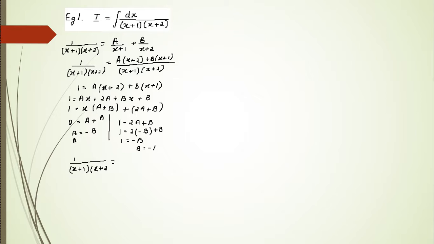Now a will be equal to minus b, that is 1, right? So I'll get a by x plus 1. Now a is equal to 1, so I'll get 1 by x plus 1 plus, now b is minus 1, so I'll get minus 1 by x plus 2, right?